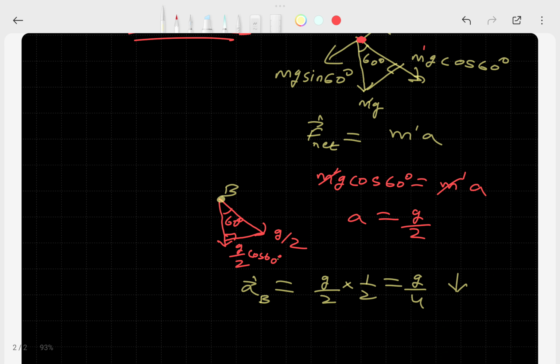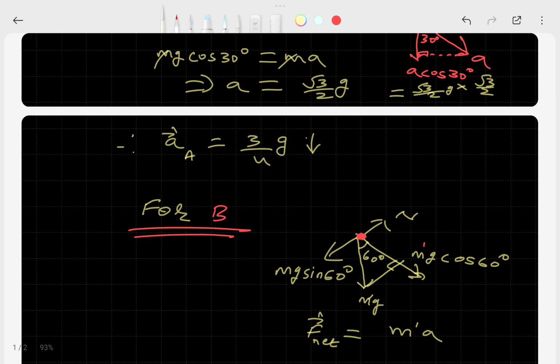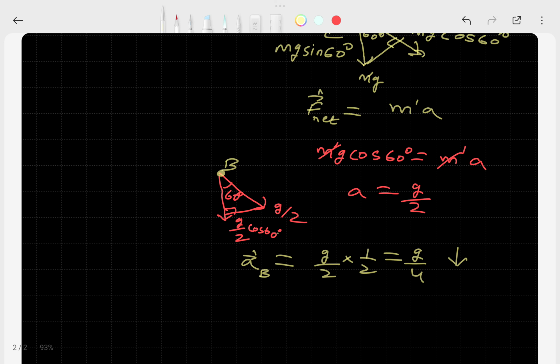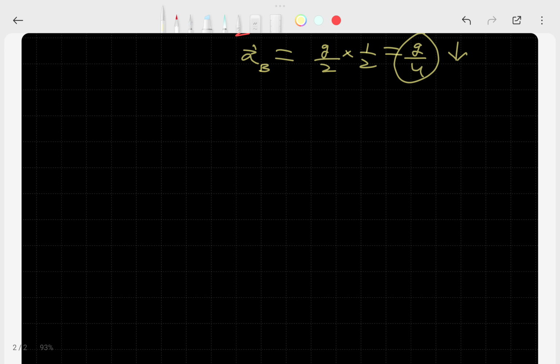Now the acceleration of A, you see, is 3 by 4 g downward. Similarly the acceleration of B is g by 4 downward. So the relative acceleration will be subtracted. Therefore the acceleration of A with respect to B is equal to acceleration of A minus acceleration of B. Both are in the same direction, so it will be subtracted.